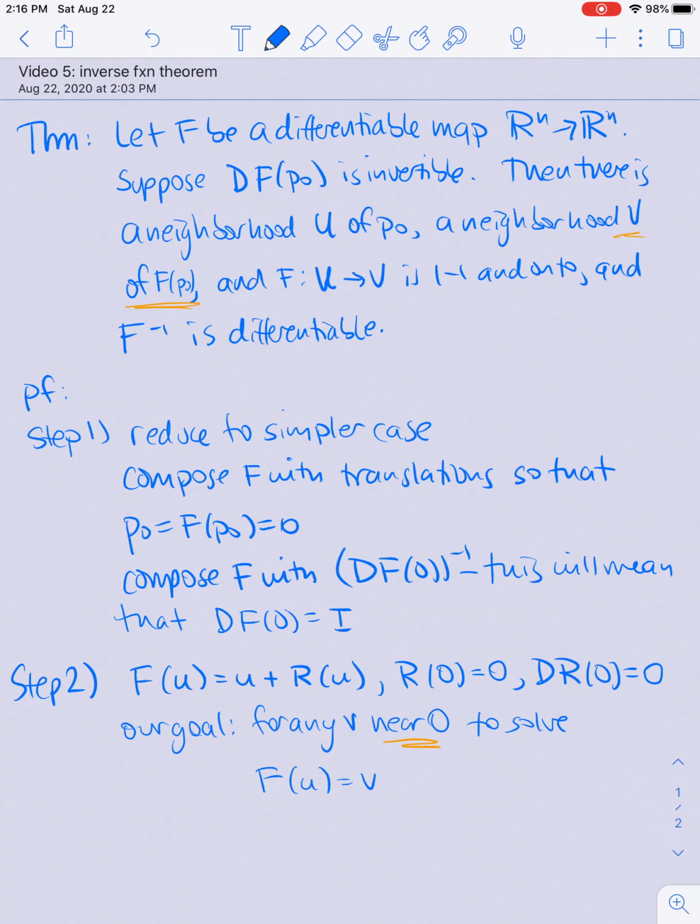And let's rewrite this now because we have our simplification of f. So this is equivalent to saying that u plus r of u is equal to v. And that's the same thing as saying that u is equal to v minus r of u. So we're going to give the right-hand side a name. We're going to define the function tv of u to equal v minus r of u.